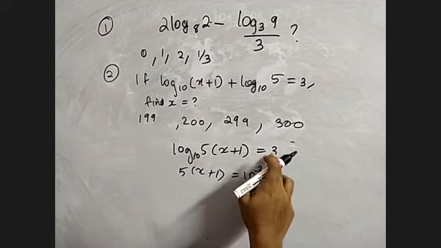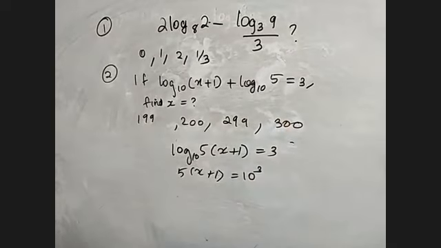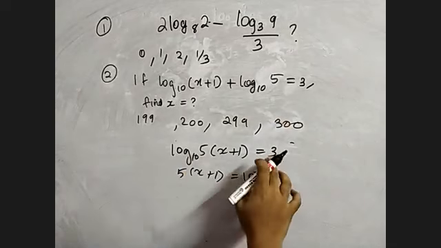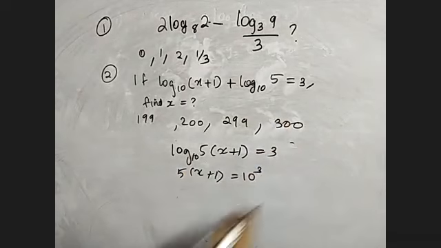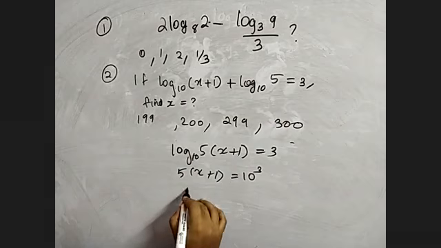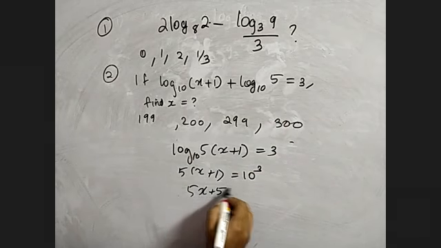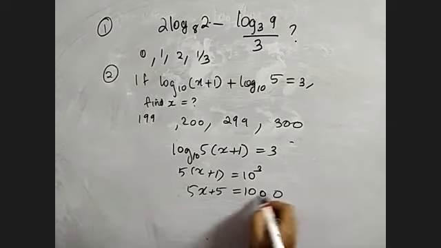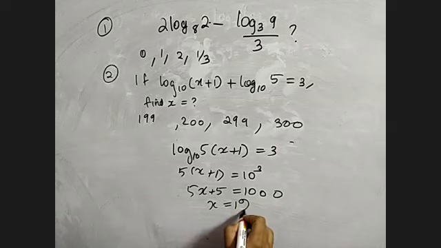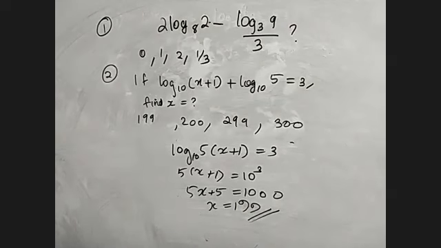The base will go down, and this power will go up. So 5x plus 5 is equal to 1000. Solve this, you'll get x is equal to 199.